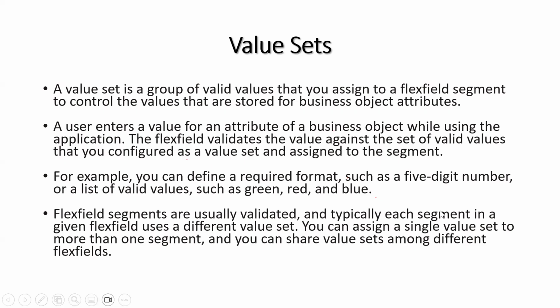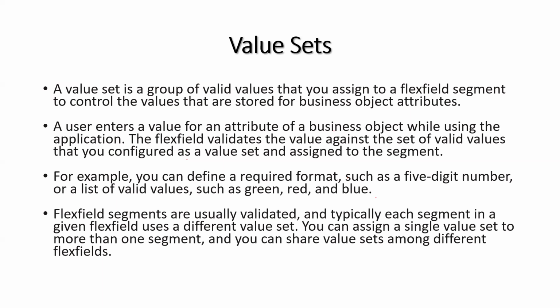You can configure it like that at the value set level. If only uppercase values should be created, you can enable uppercase. If you allow only lowercase, you can enable that. If you are allowing both capital and small cases, you can enable that too. So that can be configured at a value set level.